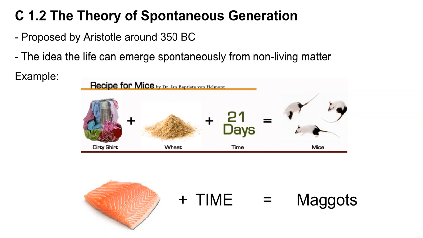And if you give it enough time, you just leave it out in the open, you eventually will see maggots forming. Now, we know, hopefully, what maggots are, and maggots are the larva stage of a fly's life cycle. But people didn't know that back at the time, okay?